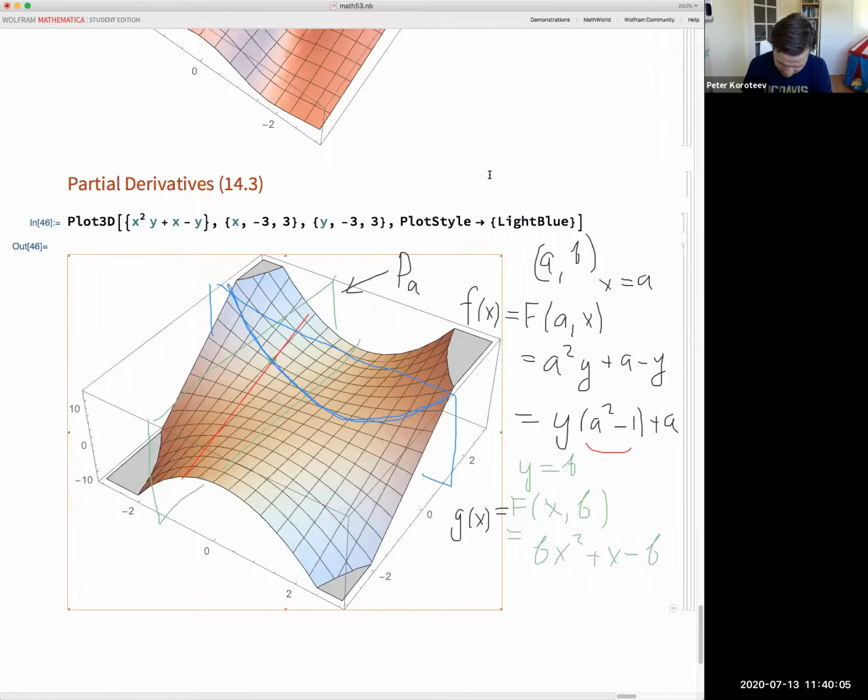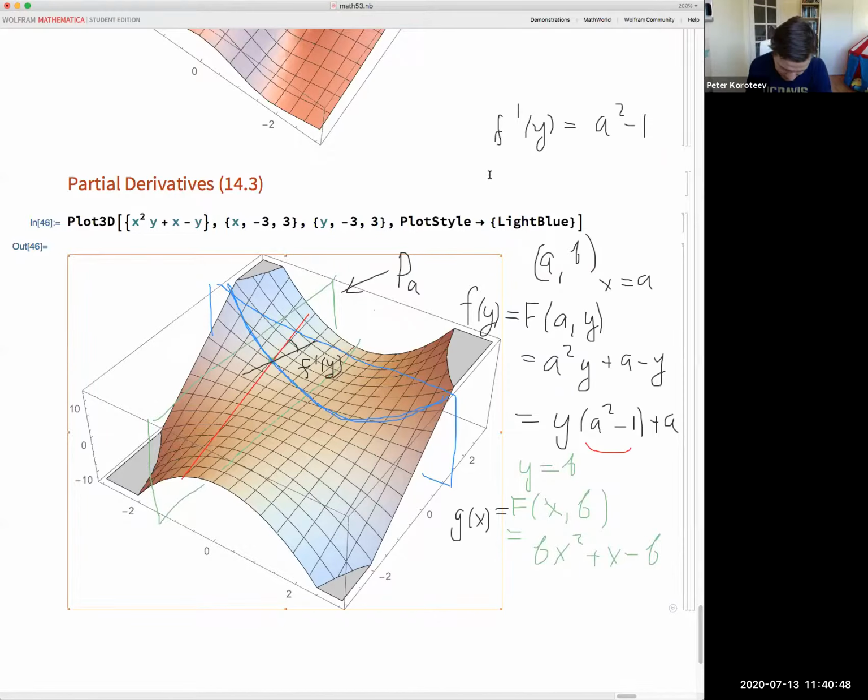We can find the derivative f prime of y. It's a constant, a squared minus 1, which will be the slope of this red line here. And so the tangent of this angle will give you f prime of y at point (a, b).